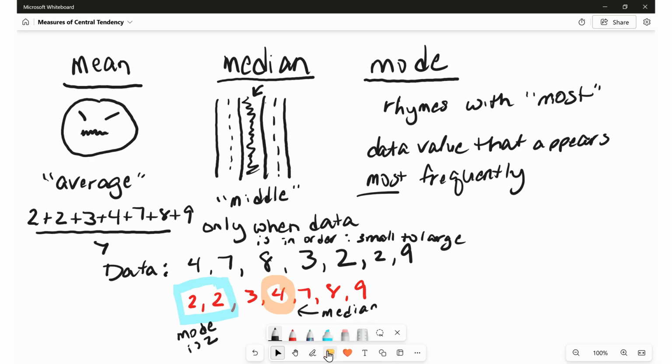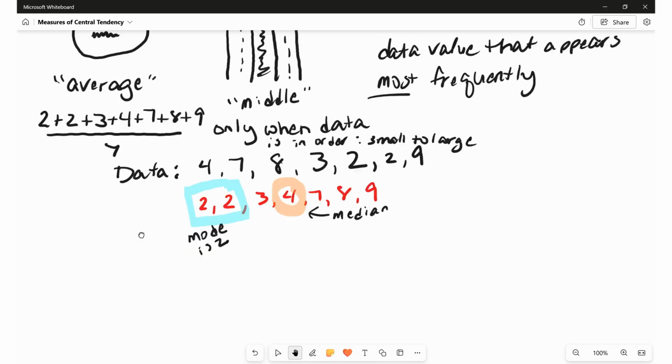Okay. So let's look at an example of finding all of these from a data set. Let's say that we have the data set. It might be easier for me to type this in.